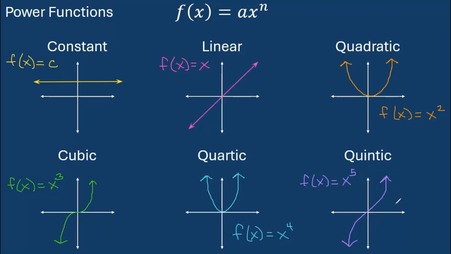And in fact, I probably should spend a moment drawing this just a little bit better because it will be steeper than a cubic function. Although we're not using any values, I want it to look just slightly steeper. Now, the fact that quartic and quintic mirror quadratic and cubic shows us our next principle, which is even and odd.